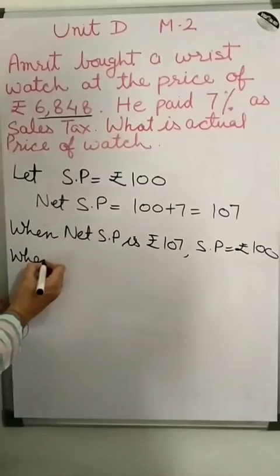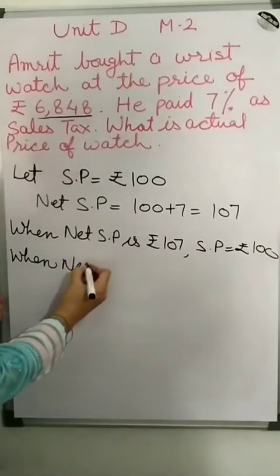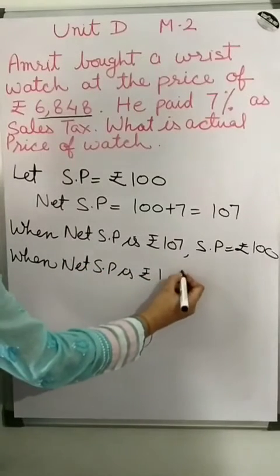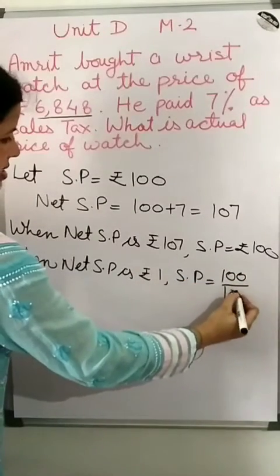So when the net selling price is 1, the selling price is equivalent to 100 upon 107.